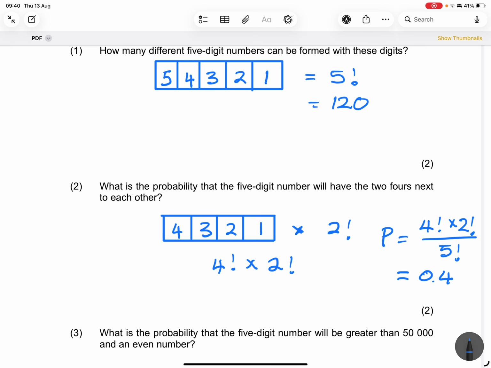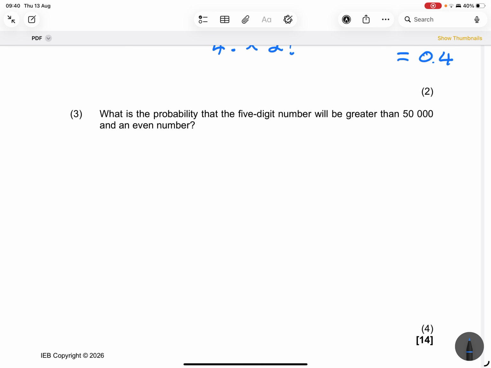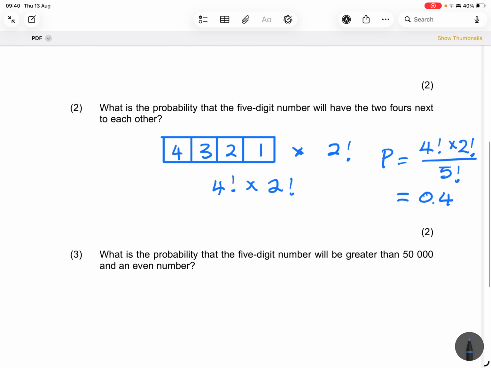Okay, right. And then finally, they ask us, what is the probability that the 5-digit number will be greater than 50,000 and an even number? Ooh, right.